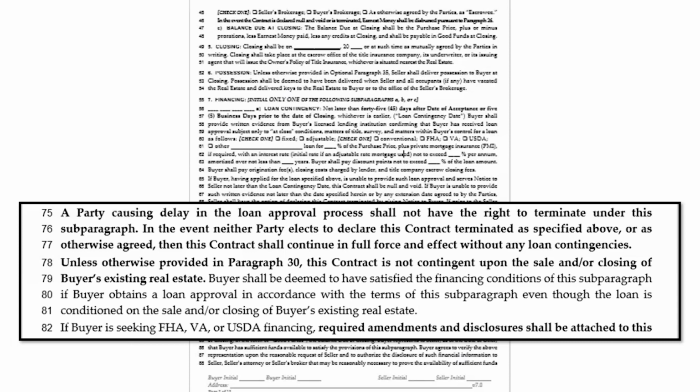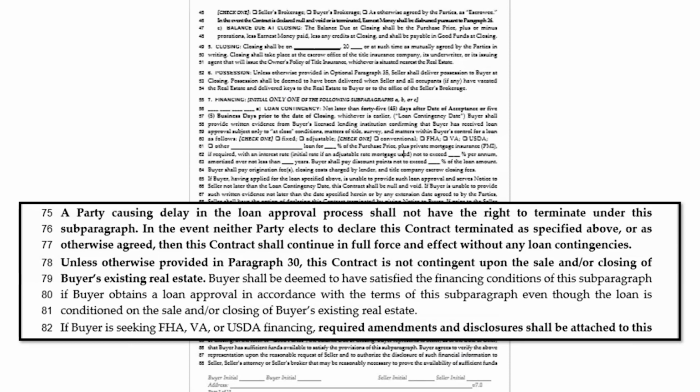I already mentioned that. So if the buyer is going FHA, VA, or USDA financing, the required amendments and disclosures need to be attached to this contract. We will make sure that they are attached. Those are additional items that you will get from the lender if you are going FHA, VA, or USDA, okay?